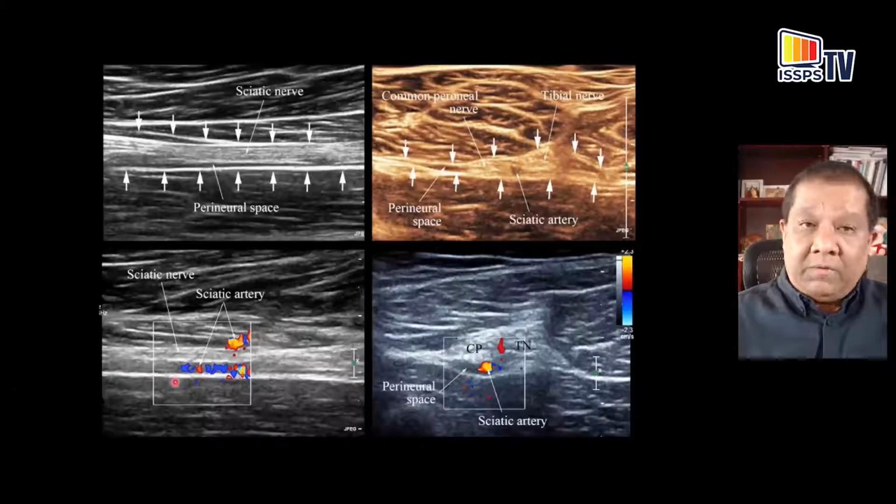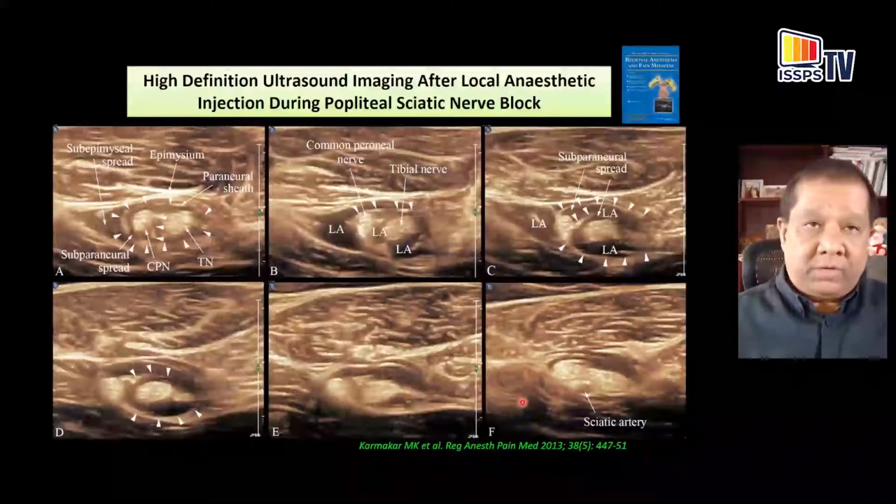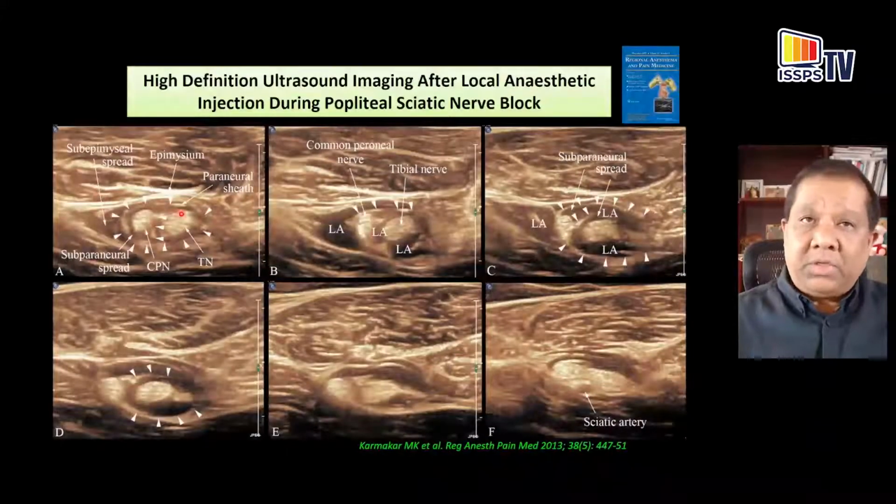There are also many vessels in the perineural space, including very close to the sciatic nerve. This is often described as the sciatic artery that provides the nutrition to this nerve. As you can see here in the post-injection, subparaneural injection on the sciatic area, you can see the paraneural sheath now pops up. It now creates an appearance where the common peroneal nerve is to your left.